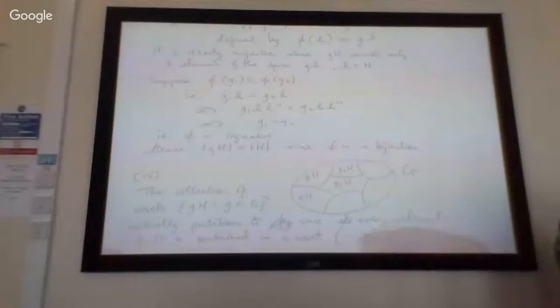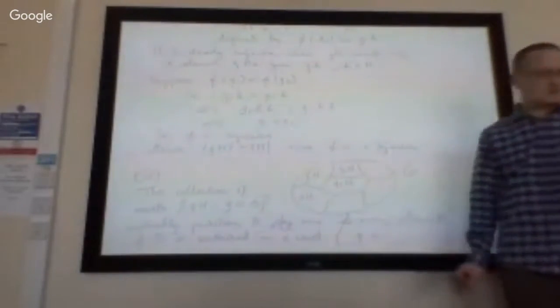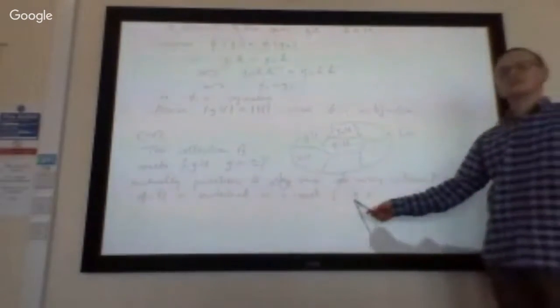Which coset is little g contained in? Here's an element of G. Which coset contains little g?